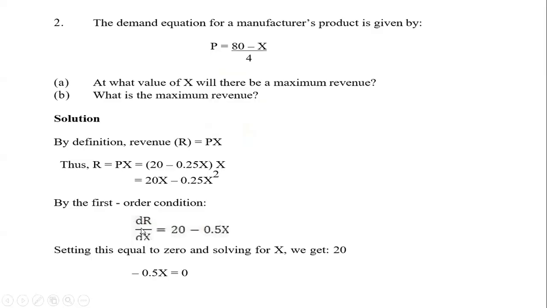The D here, raise it to the power 2. That is an indication that you are taking the second derivative. So d squared R, divided by dx, where you raise the x to the power 2.